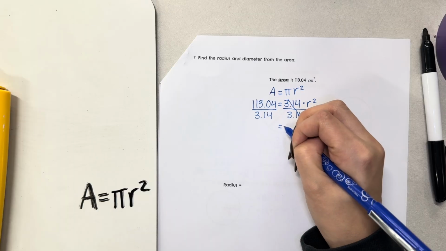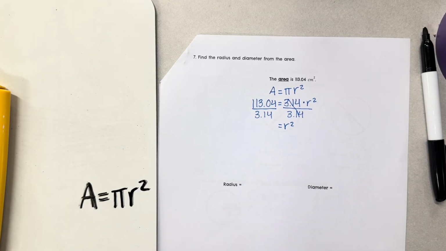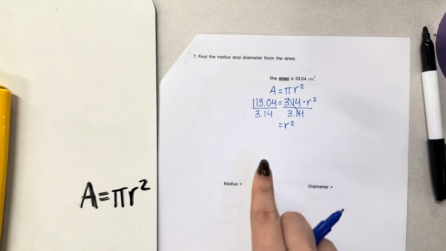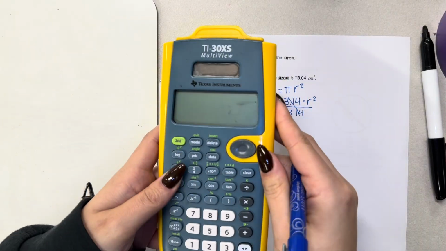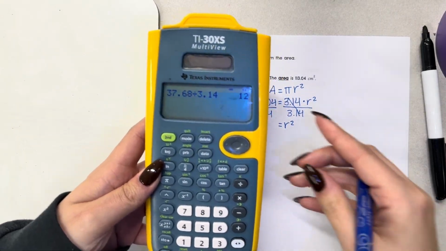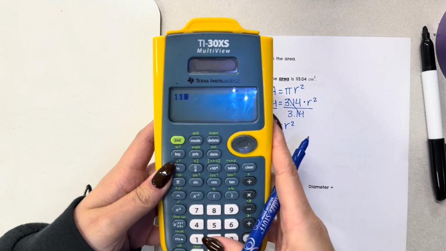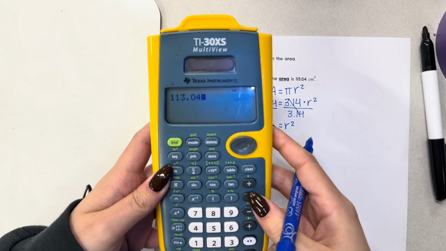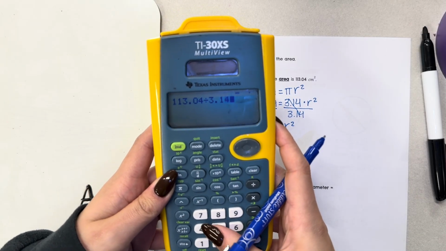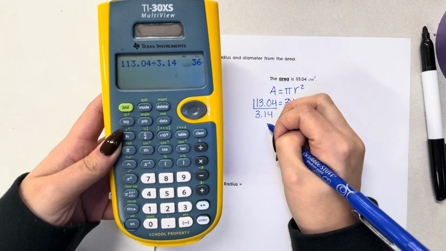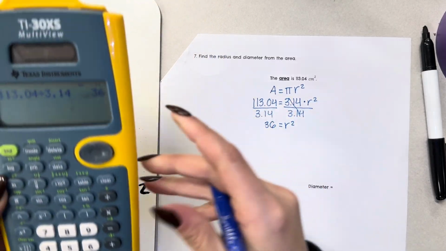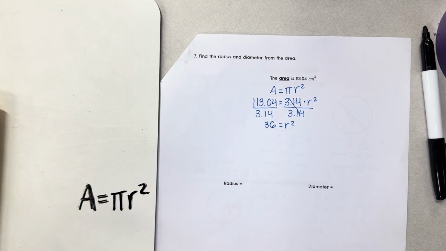So I'm left with r squared on this side. Now, on this side, I've got a division problem happening. 113.04 divided by 3.14. I get 36. Fabulous. 36 equals r squared.